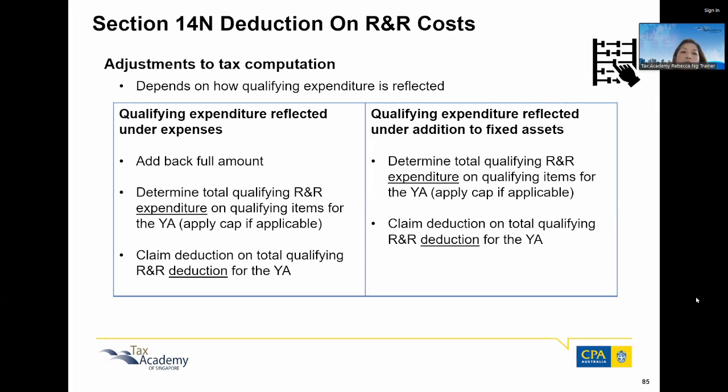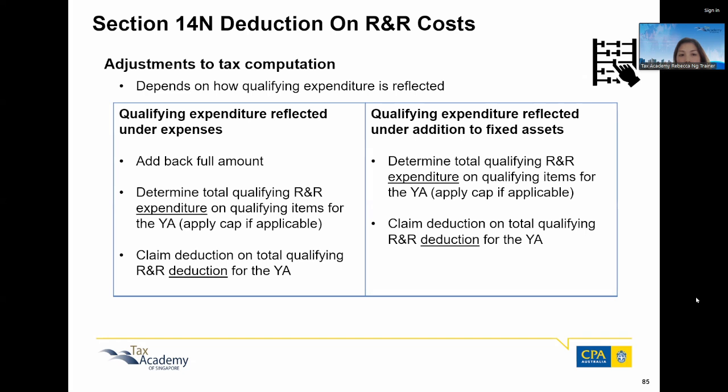Okay, so again, how to do the tax computation adjustments in the tax form? We will need to look first at where the renovation and refurbishment cost is recorded. If it is recorded in the profit and loss account, our first step is to add back the entire amount of the qualifying expenditure, then we will claim the deduction, because the qualifying expenditure is a different amount from the deduction.